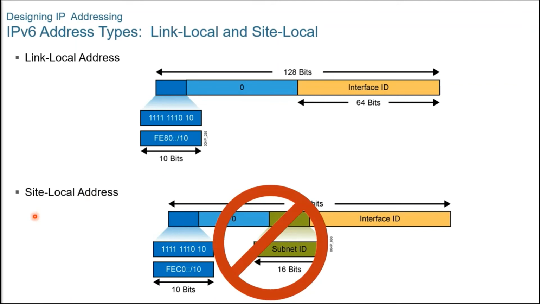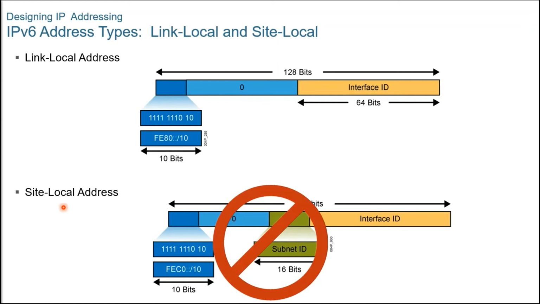Now, what is a site local address? A site local unicast address is another type of IPv6 unicast address. However, the use of site local addresses was deprecated in September 2004. Okay, site local unicast addresses were similar to private addresses in IPv4 and were used to address a site without having a global prefix.